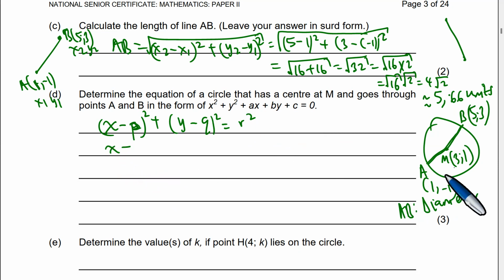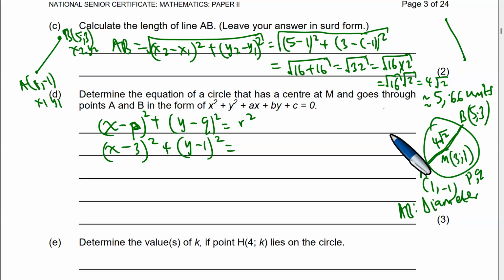So obviously these are at M, so you have the p and the q at M. So you have x minus 3 squared plus y minus 1 squared equals, now the radius would be, you take the diameter AB, you divide by 2. So you're going to take this one, which is 4 the square root of 2. We found AB to be 4 the square root of 2.